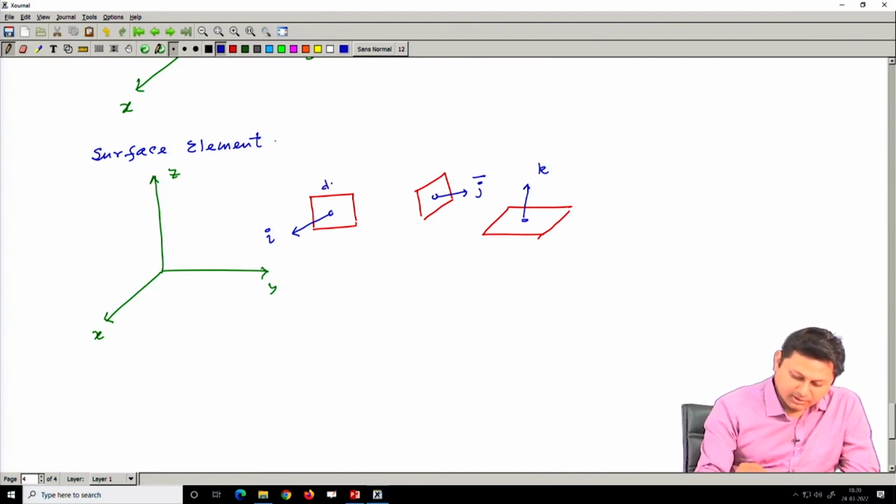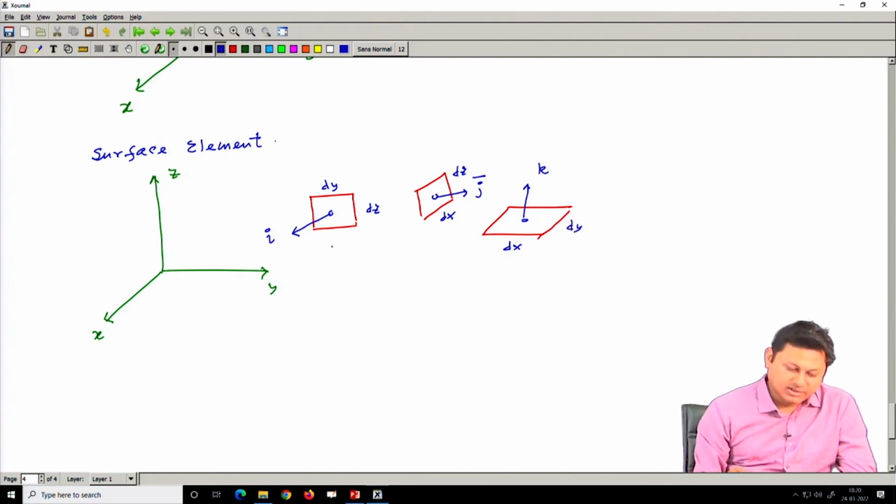Along this is dy and along this is dz. Along this is dx, and along this is dz. For this we have dx here and dy here. These are vector quantities, mind it.